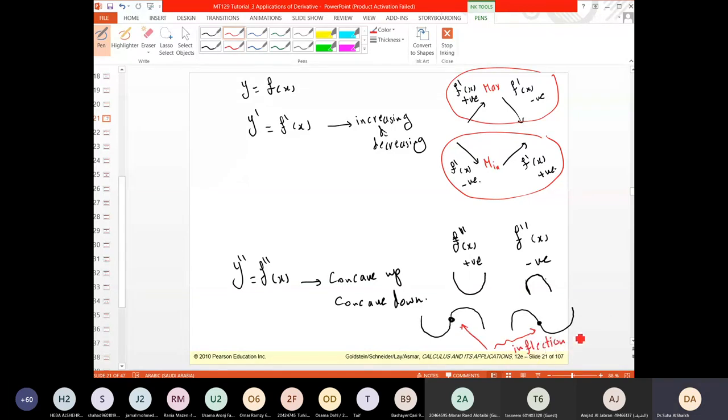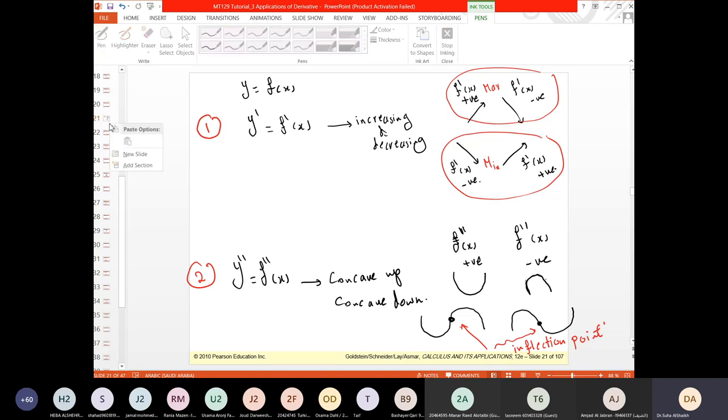Yeah, that's correct. So those are the basic concepts that we have. First, we have increasing, decreasing, local maximum, and local minimum point. And the second thing, we have concave up and concave down, using the first and the second derivative rule.